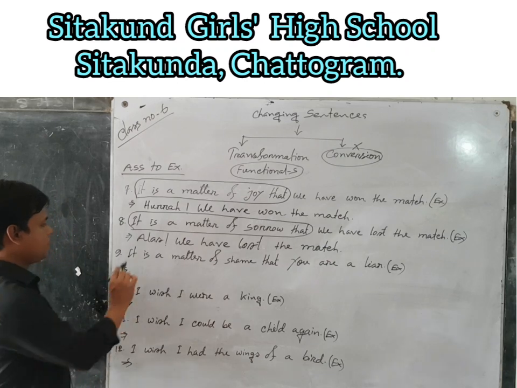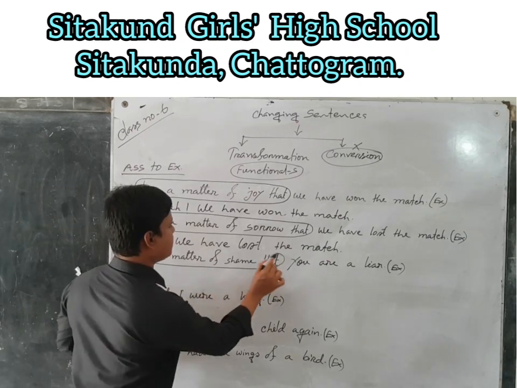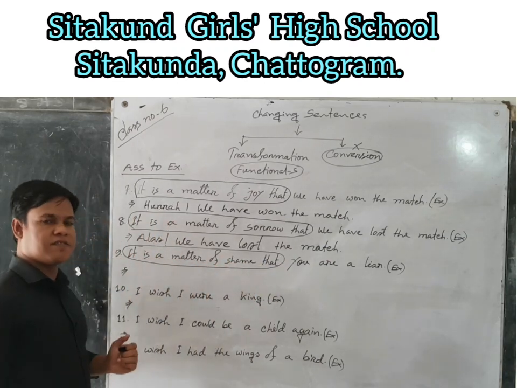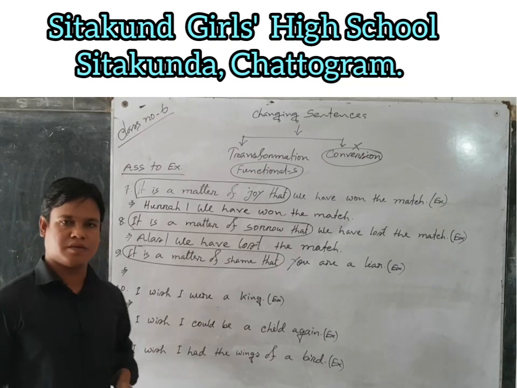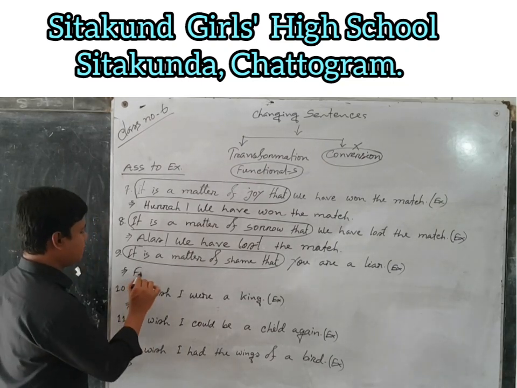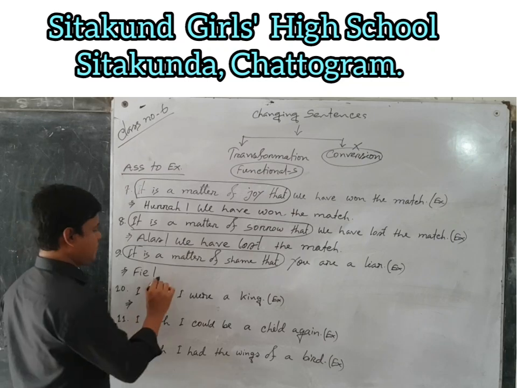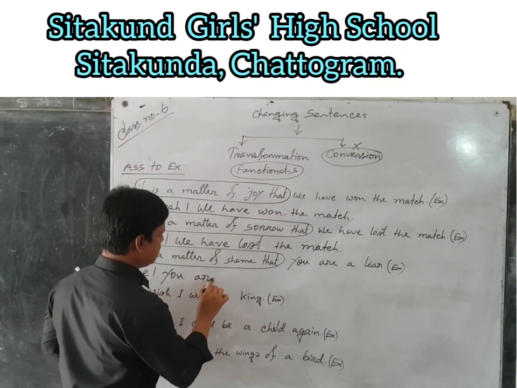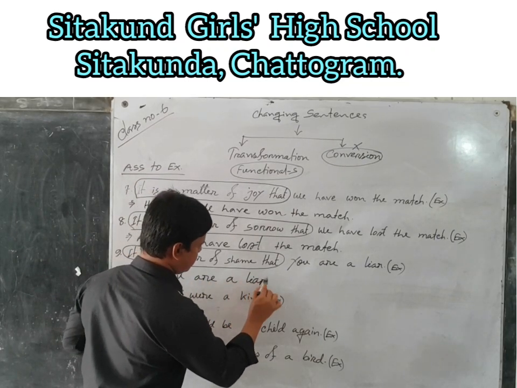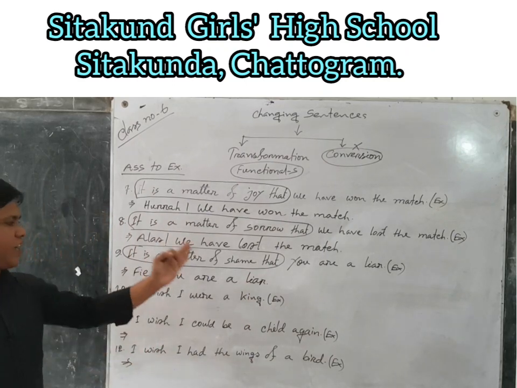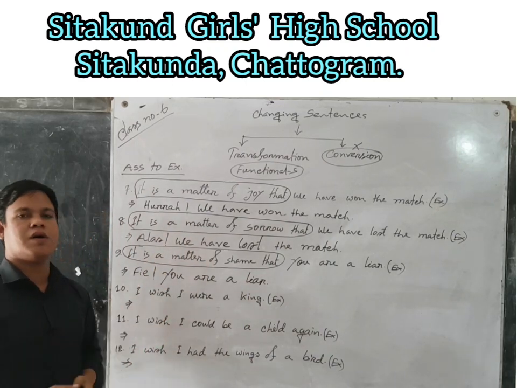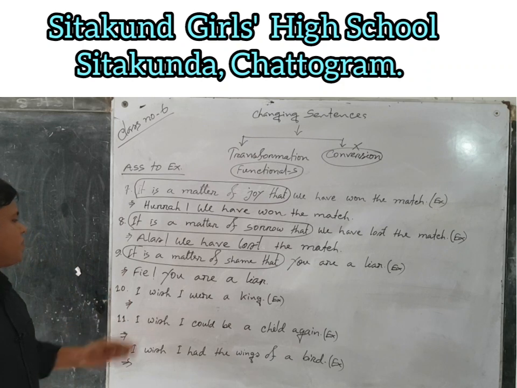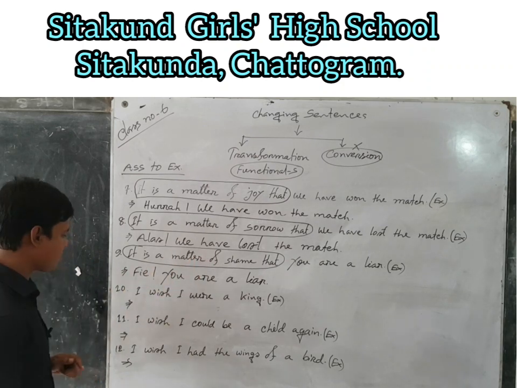If we find it's a matter of shame that, it expresses shame, hatred. So we have to use fie. It's a matter of shame that you are a liar. Exclamatory will be: Fie, you are a liar.